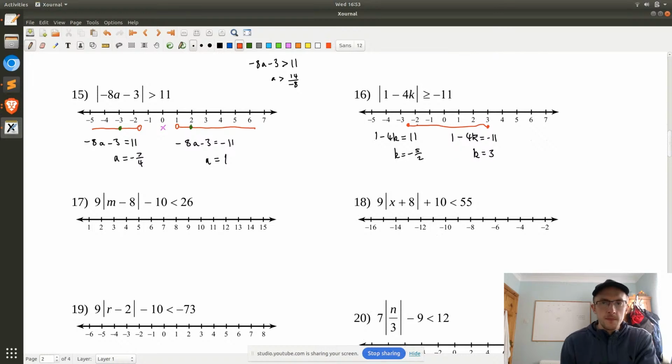Okay. Well, certainly that region there is included. Input 4. 1 take 16, absolute of that. Oh my goodness. I see it now. It's so obvious now.